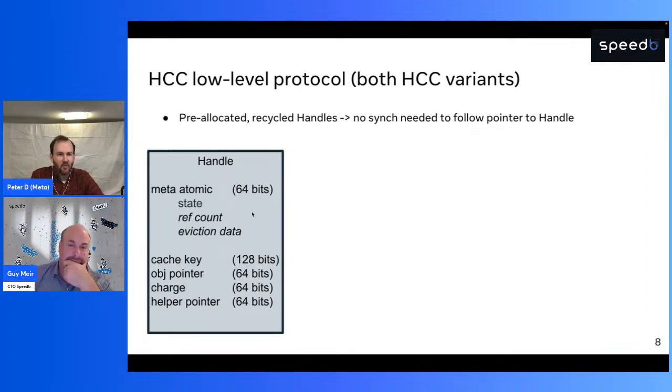One of the key parts of the low-level protocol is this 64-bit atomic value that holds all the important mutable state about this object, including what state it's in.